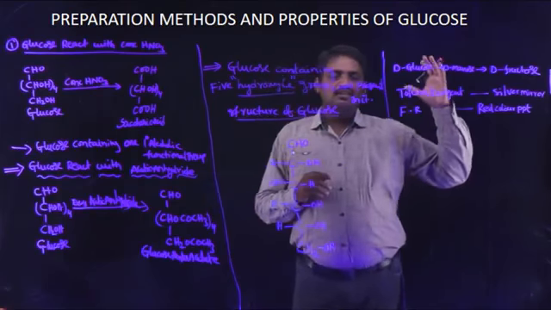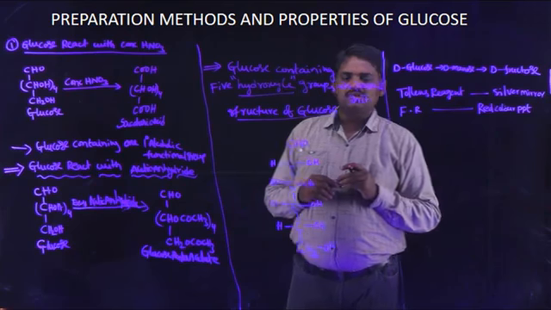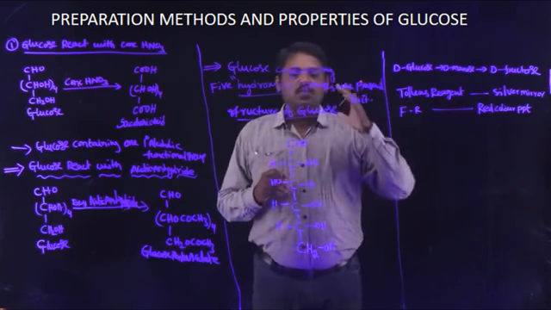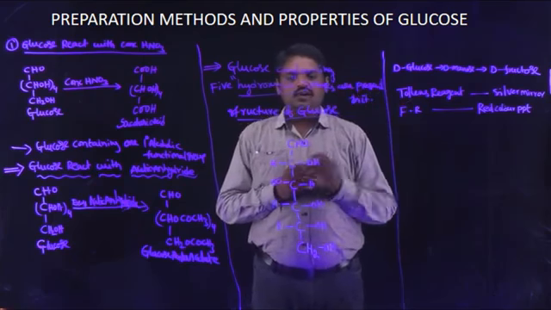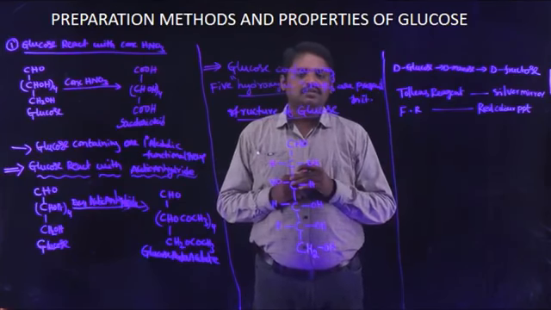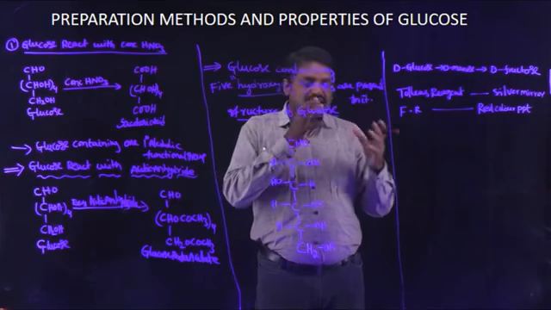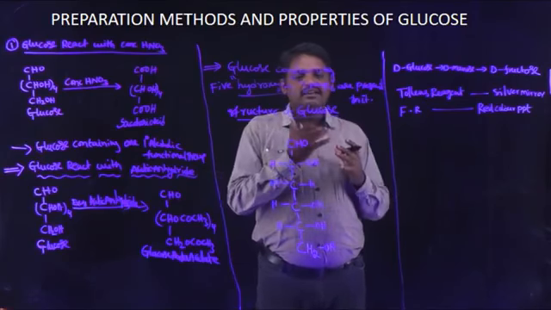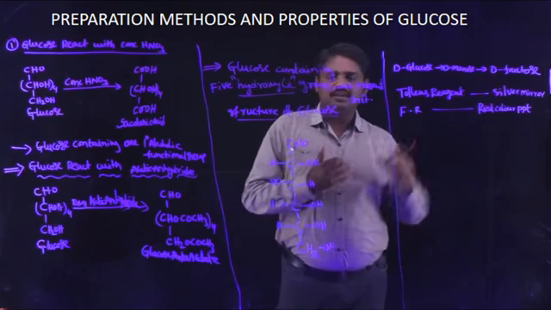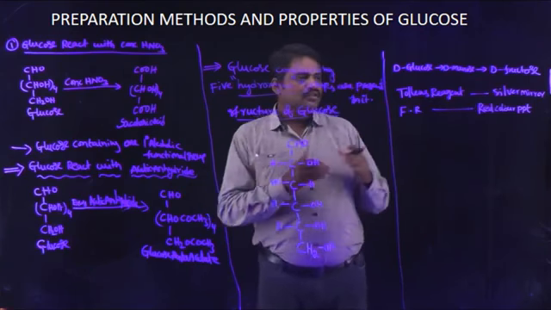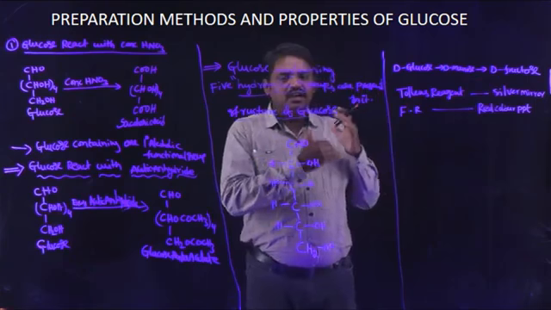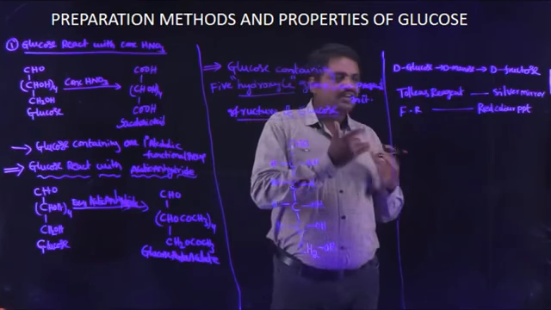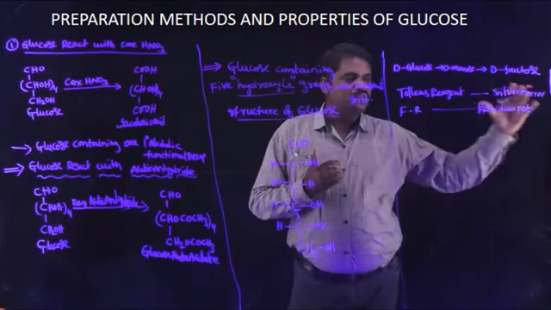But the fructose structure contains one keto functional group, and this molecule also reacts with Tollens reagent. It produces a silver mirror. Why? Fructose contains a keto functional group, but this molecule reacts with Fehling's reagent to produce a red color precipitate.